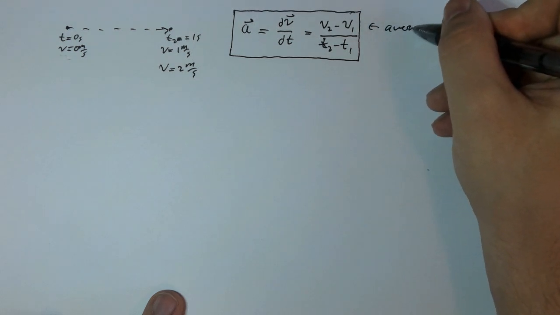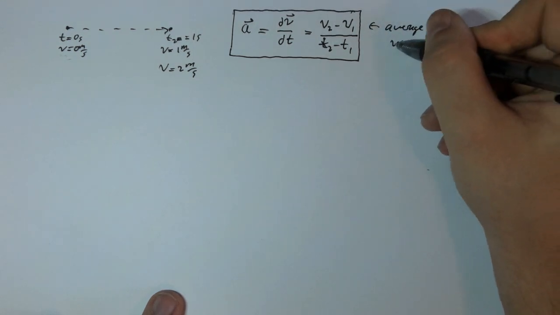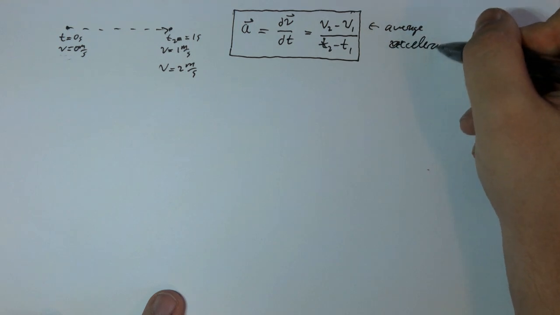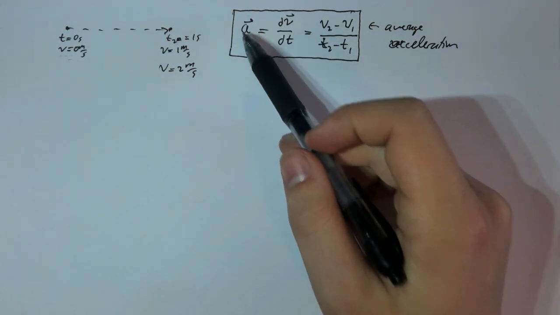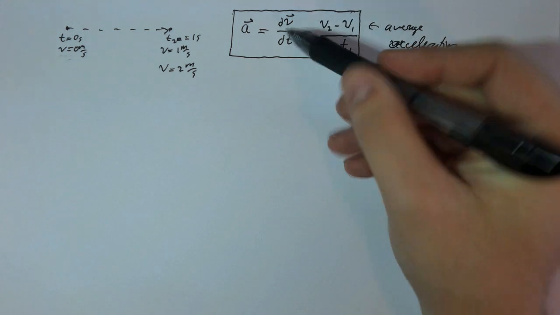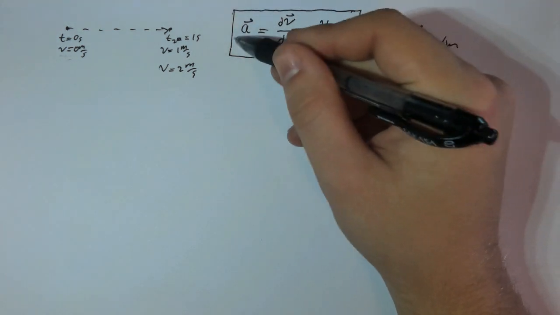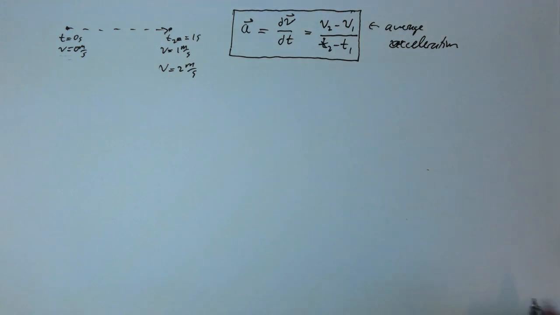So this is our average acceleration. I almost wrote velocity. Okay, and it's also a vector because velocity is a vector and displacement is a vector, so acceleration must also be a vector.